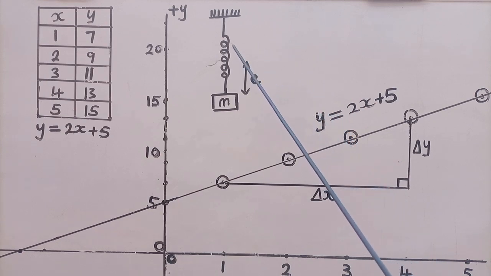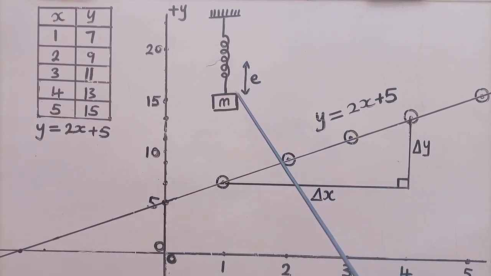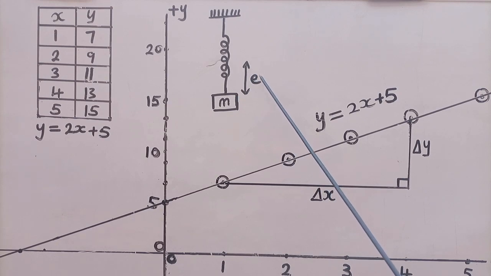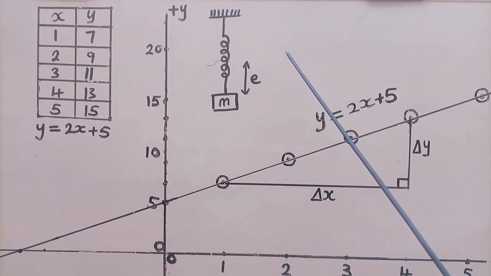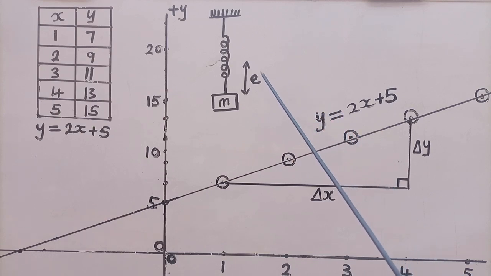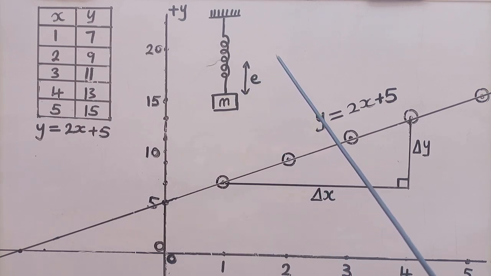If the spring is so stiff, it might take several kilograms to produce an observable extension in millimeters. But one thing is very clear now. It is not the very time you start putting the mass that the extension starts being noticeable.